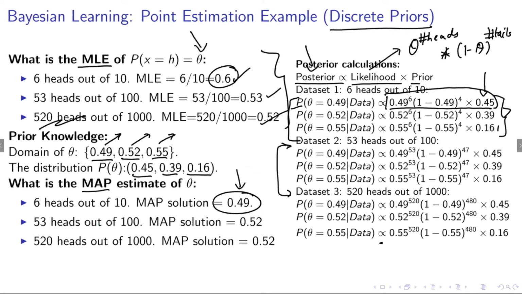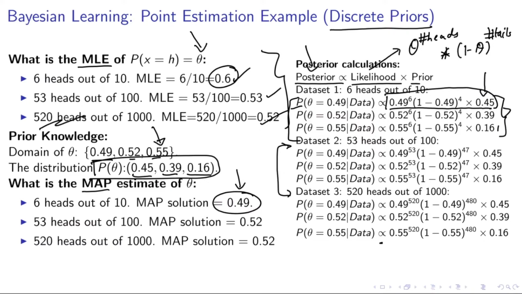And if there was a uniform distribution over theta rather than the prior that we have used, then as we saw, if the prior is a uniform distribution, MLE will be equal to MAP. So in that case, what we would have chosen is a value of theta closer to 0.6, which is 0.55.